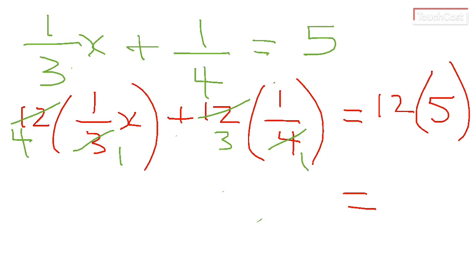So essentially what I'm doing is dividing that number by the denominator, okay? And then I'm going to simplify the equation. So 4x plus 3 is equal to 60.